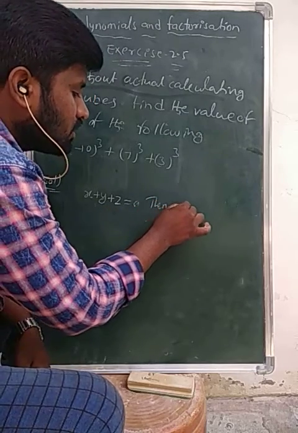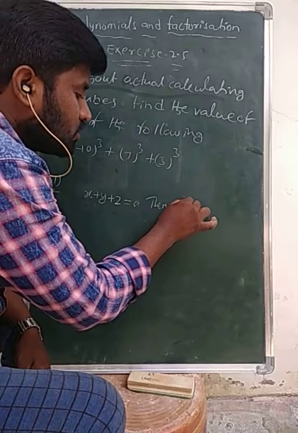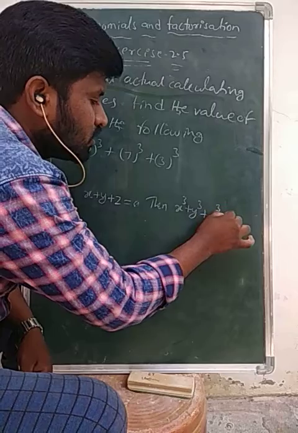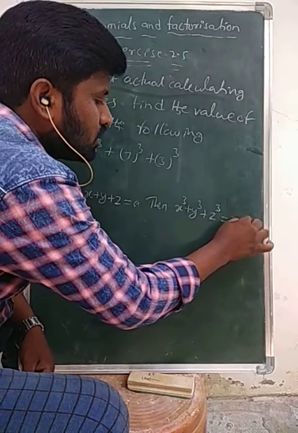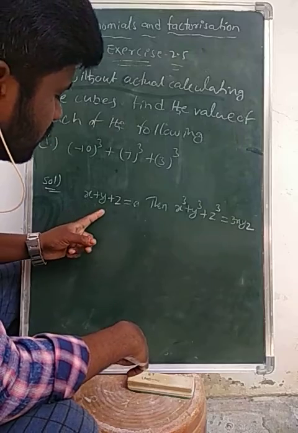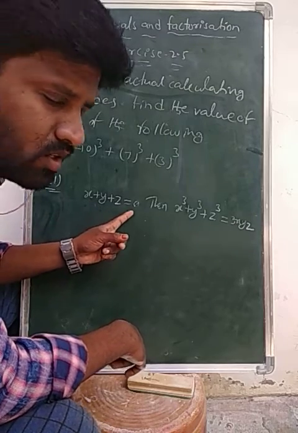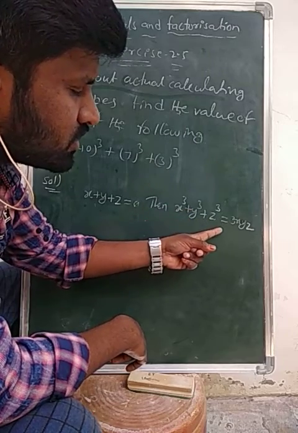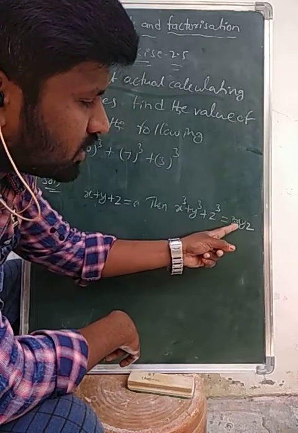Then x cube plus y cube plus z cube is equal to 3xyz.